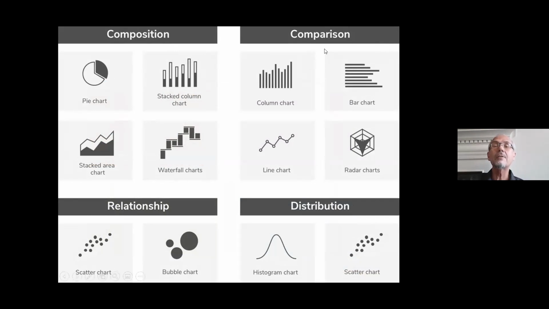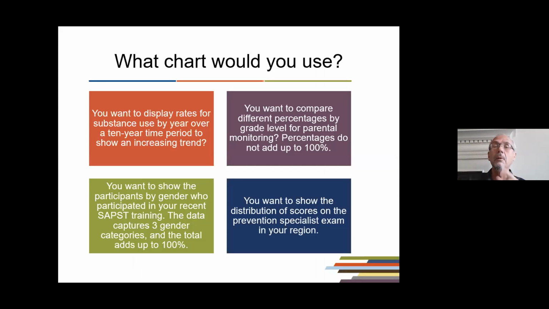So we see that most believe that a line graph would work, and they see that as the best way to do that. Let's now go to the next question. You want to compare different percentages by grade level for parental monitoring. Percentages do not necessarily add up to 100%. What chart would you use?